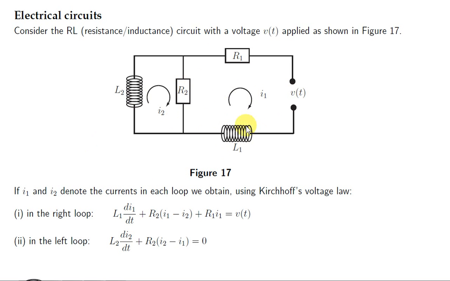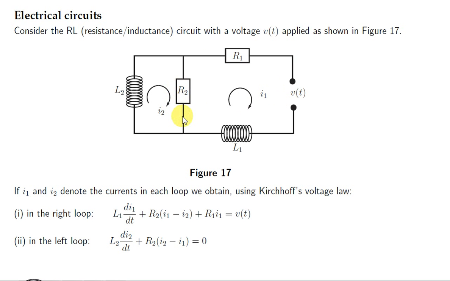Well, I1 is flowing clockwise in this loop, so the voltage across R2 for current I1 is I1 times R2. However, we have this current I2 flowing down through resistance R2, so that's in the negative direction as seen from this loop. Only clockwise currents in this loop give positive voltages.